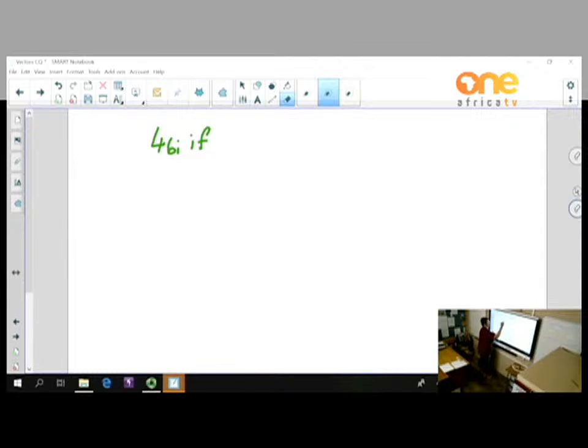Let's write that one again. A dot B is equal to 0. That's what I need to find. What is A dot B? It's I I plus J J plus K K. So in this case, it will be 5 times negative 5 plus 4 times 4 plus 3 times 3.